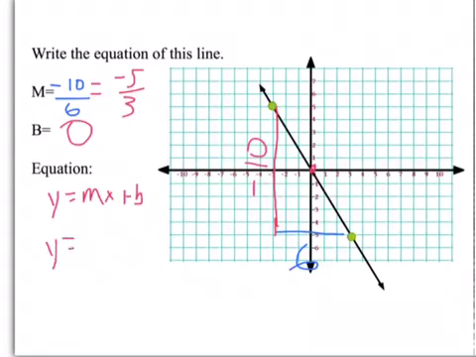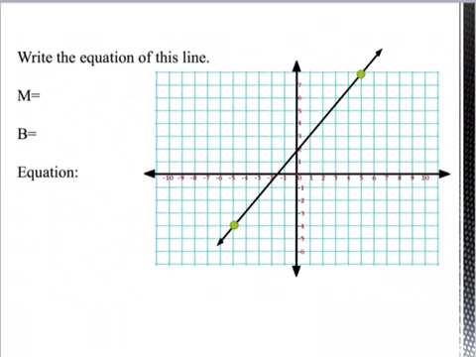My m is negative 5 over 3, so I can replace m with negative 5 over 3. Keep the x. My b is 0, so I can replace b with 0. Technically, since that's a plus 0, we don't need it there, so we can leave our equation as y equals negative 5 over 3x. I want you to pause the video and find the slope, the y-intercept, and the equation of this line.